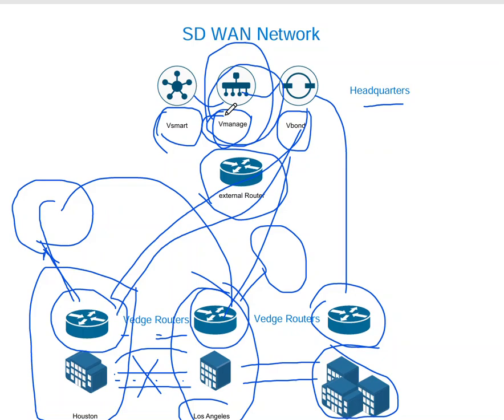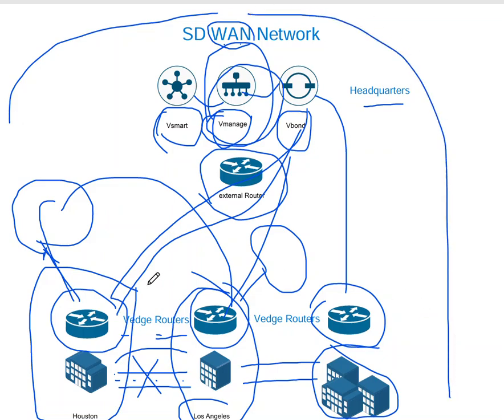The company is quite big and has remote facilities, and these remote facilities must communicate with each other and with the headquarters. And this is where the SD-WAN network comes into place. This is a wide area network. It's wide because it covers a wide geographical area. The network covers several states of the continental United States, or we might have offices overseas.